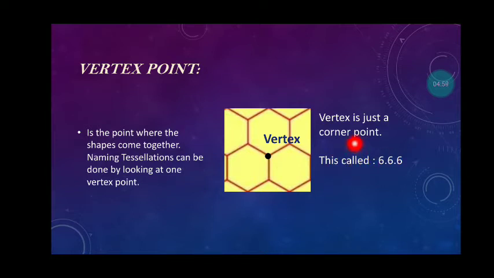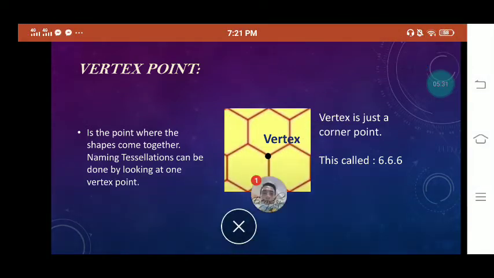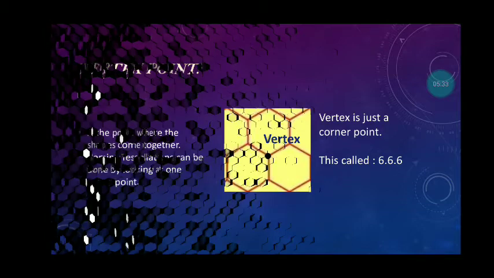Because at a vertex, or corner point, where the shapes meet, three hexagons meet at this vertex, and a hexagon has 6 sides. So this is called a 6.6.6 tessellation. I hope you understand. There are many examples.